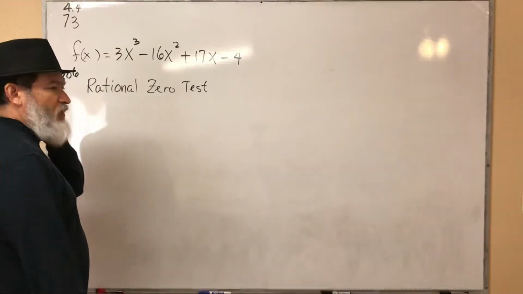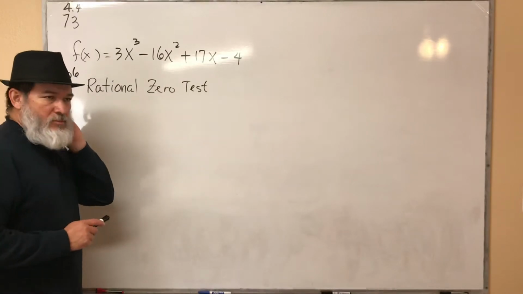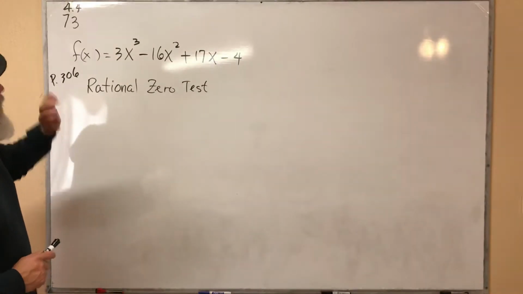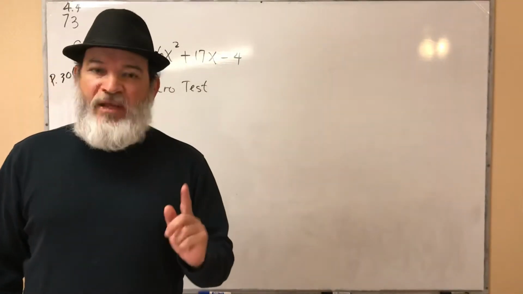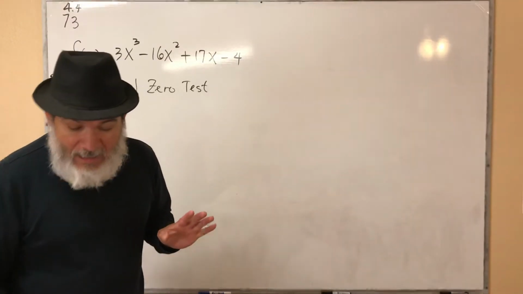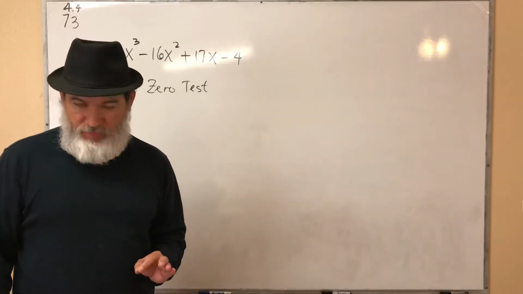X-intercepts. But it's best to call them zeros. All right. So, this property allows us to find the possible zeros.